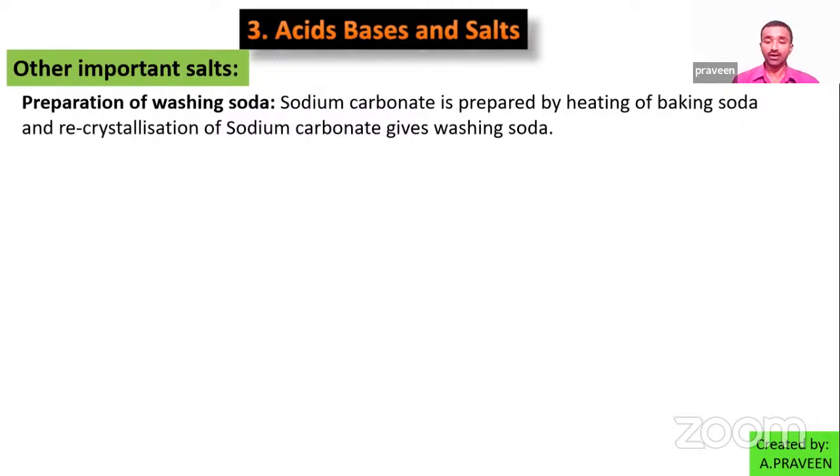We have sodium bicarbonate, which is called baking soda. It gets heated and a decomposition reaction takes place. In this process it loses water molecules and carbon dioxide gas, and then it produces sodium carbonate salt.